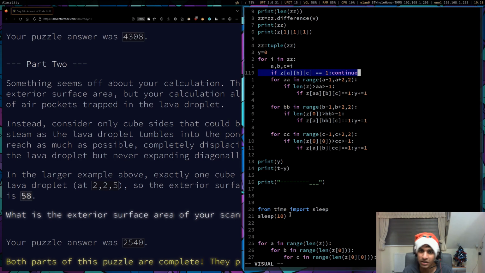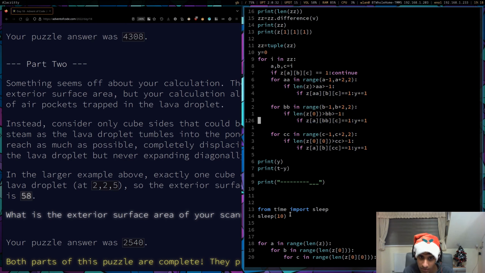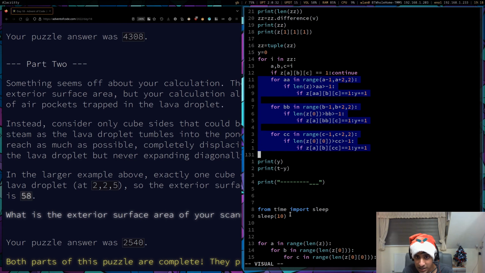If my coordinate is lava within lava, then I don't care, I'm just going to continue. If my coordinate is air, then I do this. Similar idea to before. At this point I have a coordinate of air, let's say, and it's in a bubble of lava.